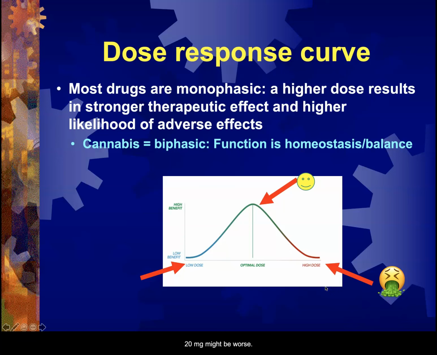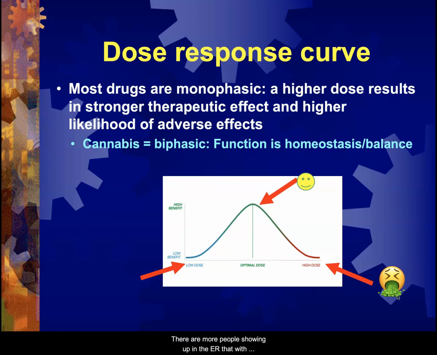No, 20 milligrams might be worse. So this is individual for everyone. Low dose not having as much benefit. Optimal dose right here. And then as you get higher and higher, you actually start to have more side effects, a worse effect. One example, I have the little barfy emoji here. There's something called cannabis hyperemesis syndrome.